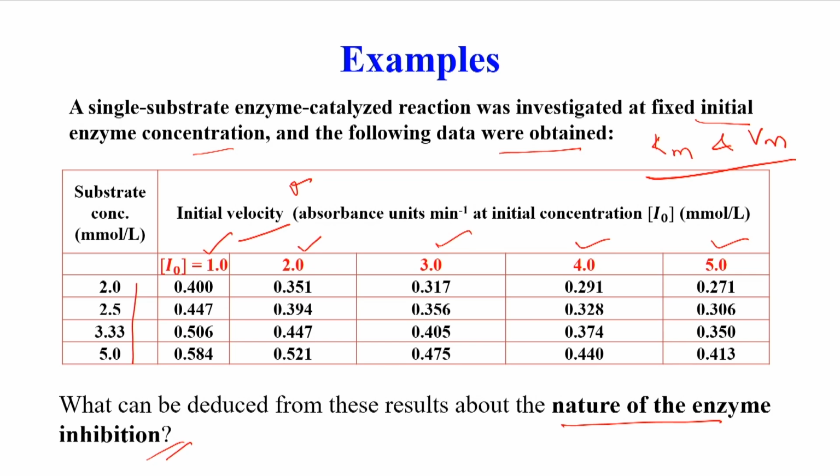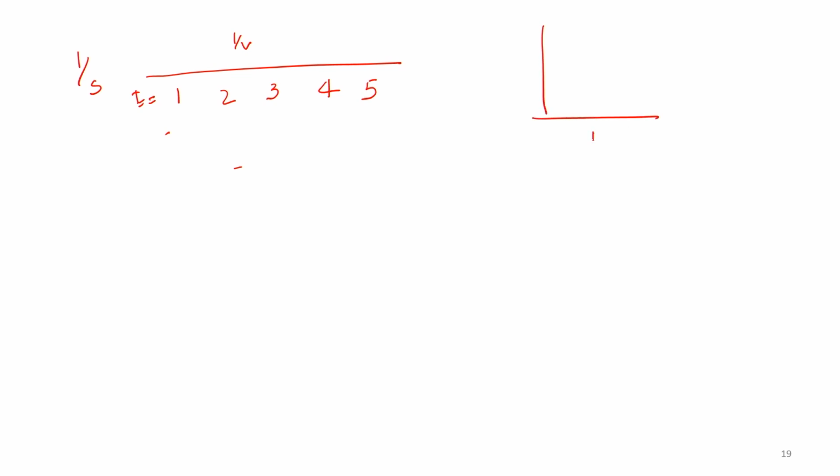We already have some data, S is there. So, we can tabulate like this: 1 upon S and 1 upon V, and we have for I, there are 5 different values of I, so 1, 2, 3, 4 and 5. Then we can plot 1 upon S versus 1 upon V, and here the slope will be Km upon V max, and the intercept equals 1 upon V max.